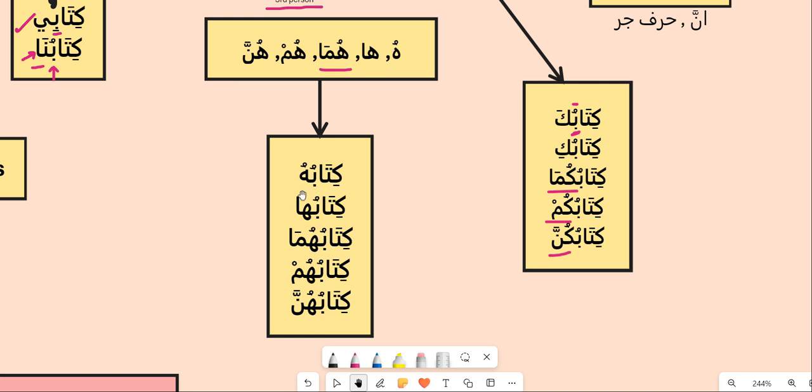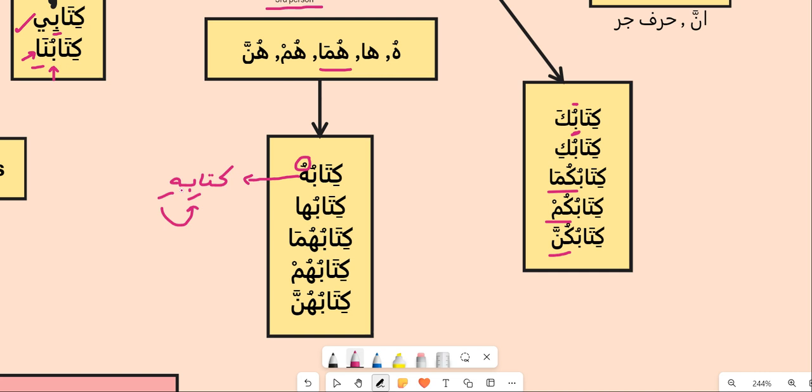Now in this case, there is a simple thing that you need to remember. In majroor case, the moment the last letter takes a kasra, kitabi, what happens with the hu? The dhamma changes to kasra just because the ba has a kasra in majroor case, so it goes along with the sound.